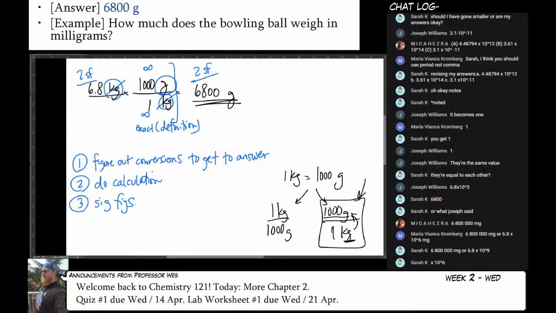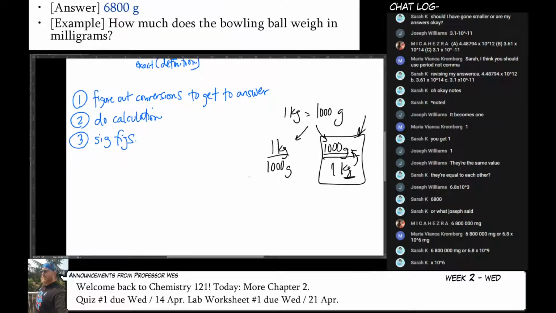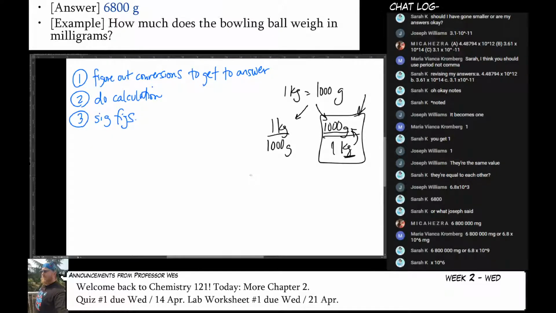All right, so let's follow the same strategy to get to our answer. So I'm going to just scroll down a little bit. I'm going to start this problem with the answer from the last one because I have a relationship between grams and milligrams, and that relationship is on your metric table like this. 10 to the minus 3 grams per milligram.